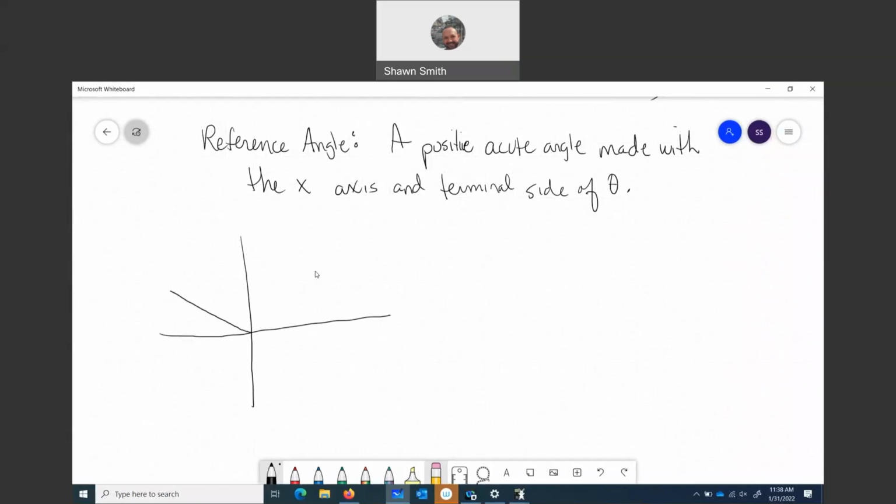So let's say I put an angle over here in quadrant 2. And that's theta. Let's say it's like 150 degrees or something. The reference angle from here, it says it's a positive acute angle made with the x-axis and the terminal side. This is your reference angle.